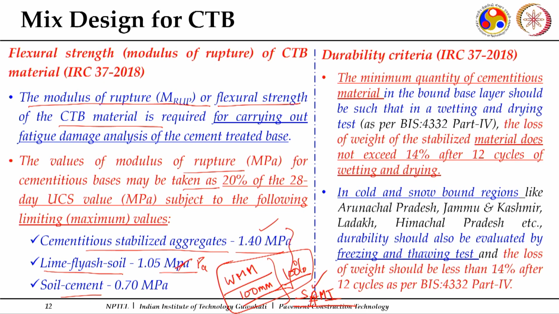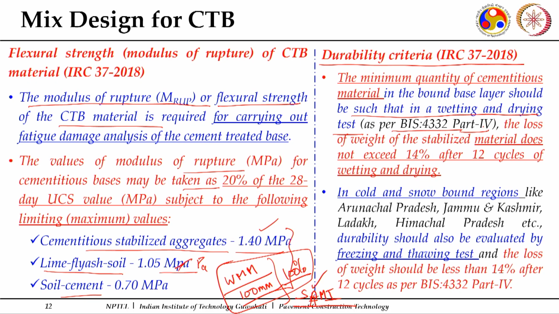In addition to this requirement, there is one requirement in terms of durability when you are going with these cement treated base courses, because they may be subjected to different wetting and drying cycles or freezing and thawing cycles. If this material is subjected to wetting and drying cycles, the minimum quantity of cementitious material is to be decided based on a wetting and drying test specified by BIS, where the loss of weight is determined.